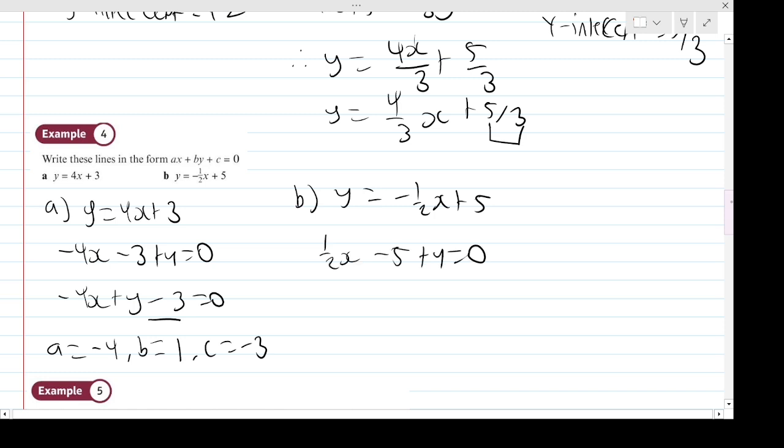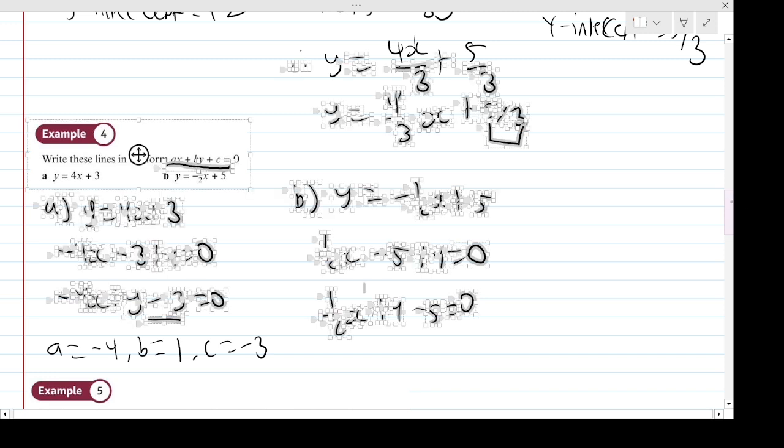Cool. But then this is in this form here, right? If I put the y in the middle again, it's very clear that half x plus y minus 5 equals 0, and that is in the form the question wants it in.